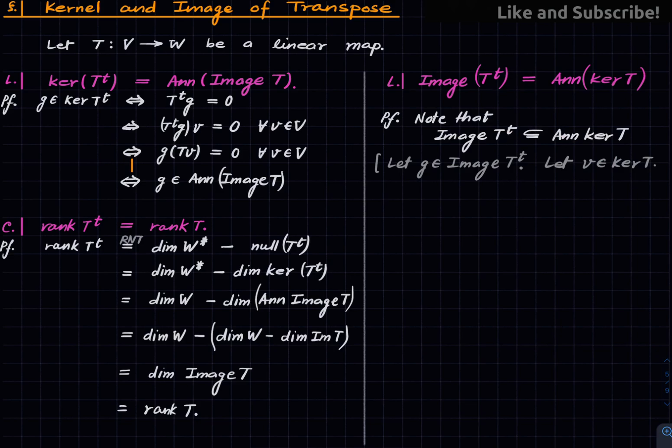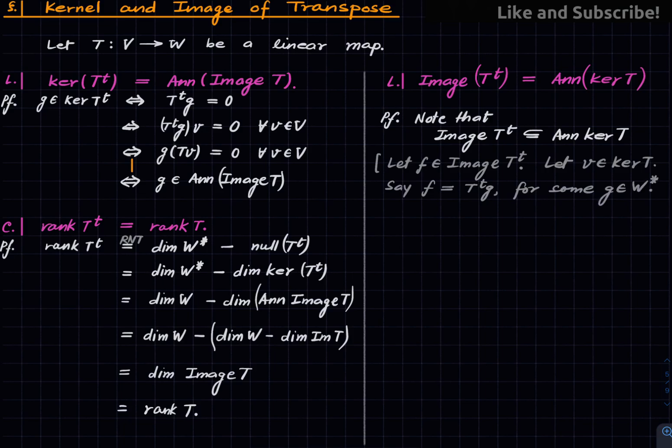Since G is in the image of transpose of T, say, I shouldn't have called it G, let me call it F. F is better. So we want to show f of v is 0. And since f is in the image of T transpose, say f is T transpose of G for some G in W star.